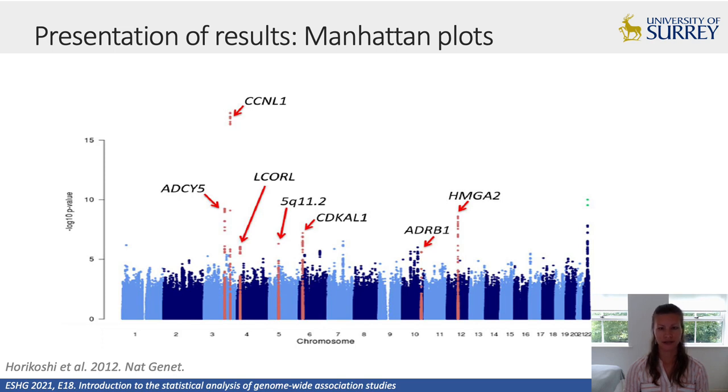And we have highlighted here some potential associations in red. These are the associations that reach the threshold for genome-wide significance of 5 times 10 to the minus 8. And after we have identified these signals, we usually take a closer look at each of these signals in more detail.